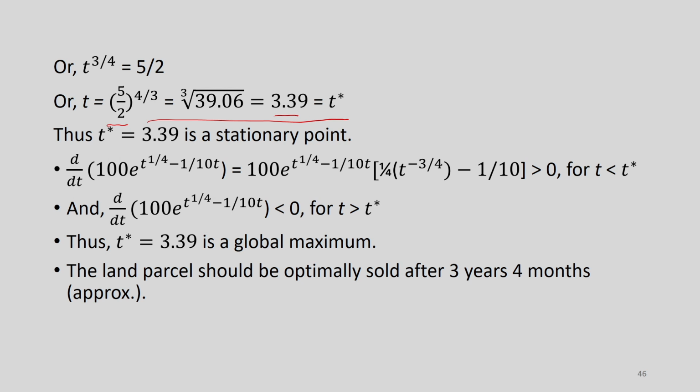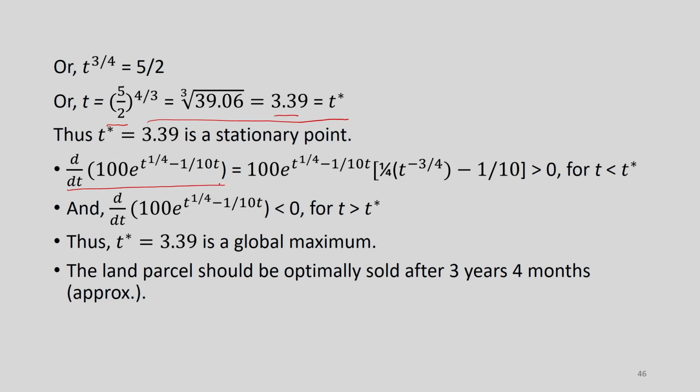Instead of taking the second derivative, we know that the first derivative test is that if you are to the left of t star and the first derivative is, let us suppose, positive, and if you are to the right of t star and the first derivative is negative, then you are indeed getting a maximum point. That is the idea we have used here.